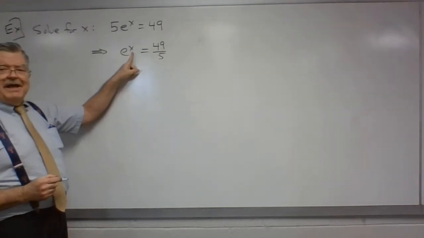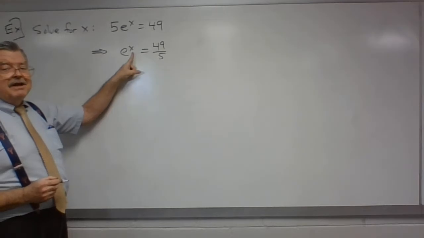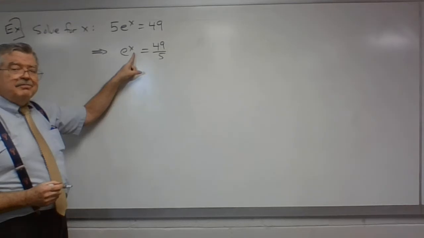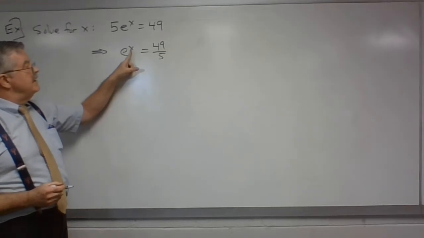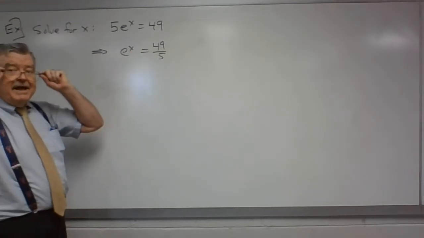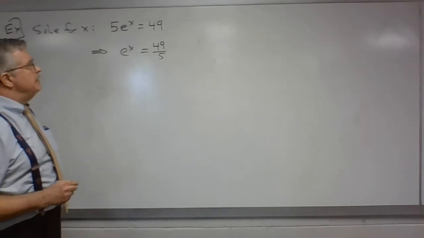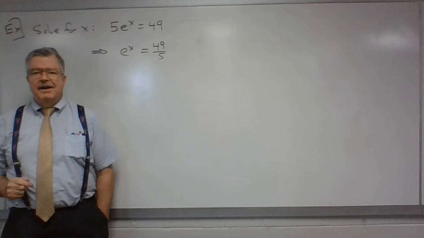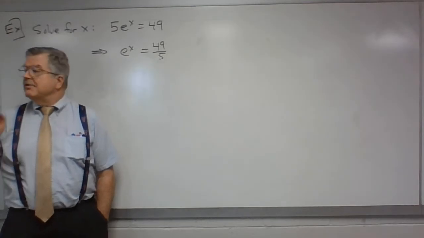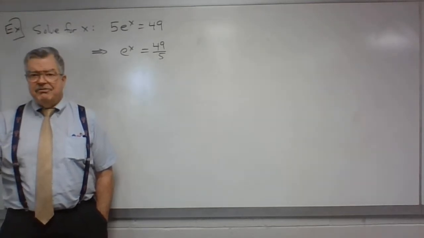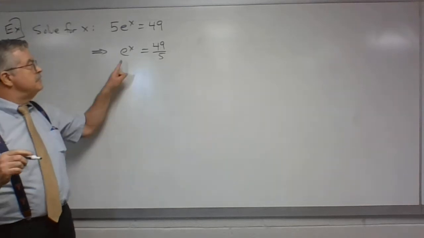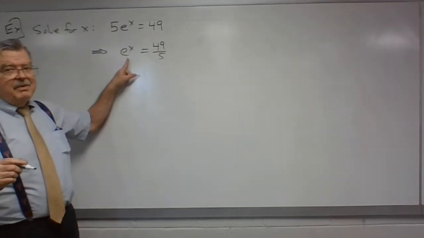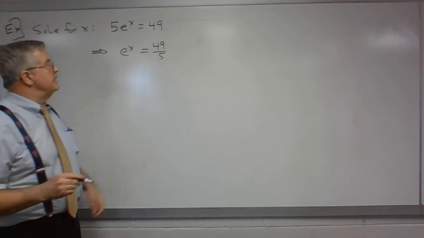Right now, this x is trapped inside the exponential function. As long as I have the exponential function here, I can't isolate x. So I need to get rid of the exponential function. And how do we do that? Don't we use the natural logarithm to undo what the exponential function does, and we get the exponent?